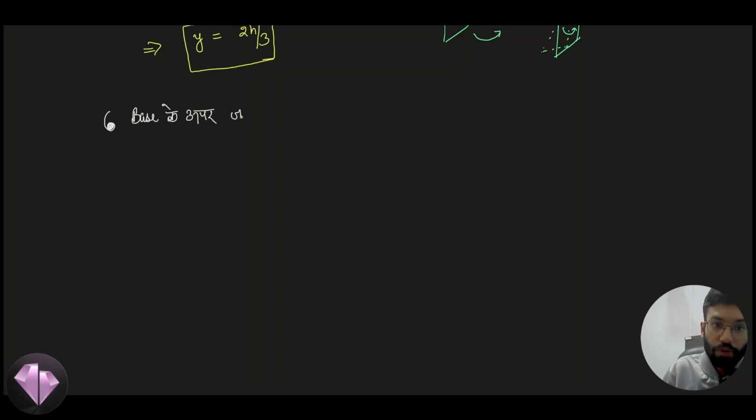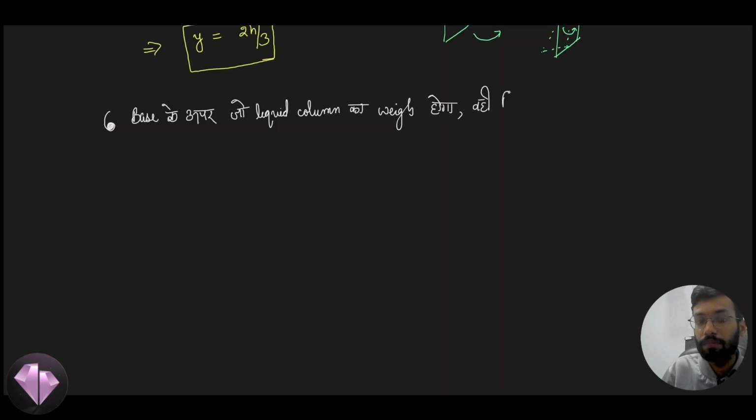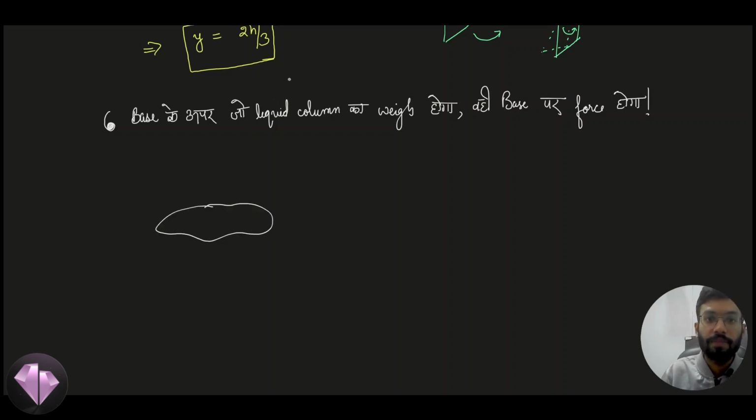Whatever liquid column is above the base, the weight of the liquid column that remains above the base will be the force on the base. So what are we saying? This is my base, right? Above this base there will be my liquid column. So this is my liquid column.